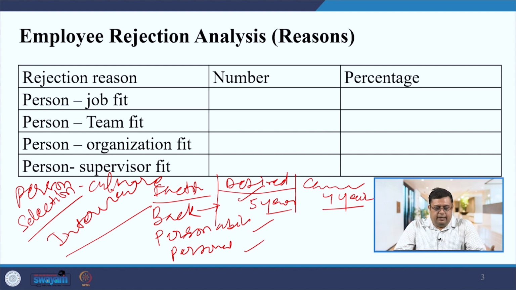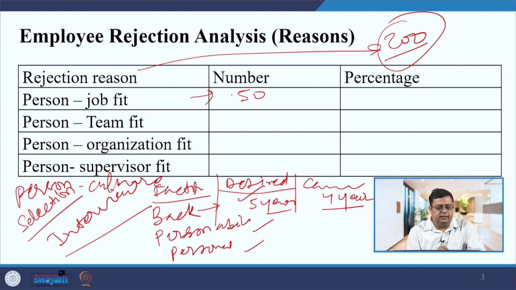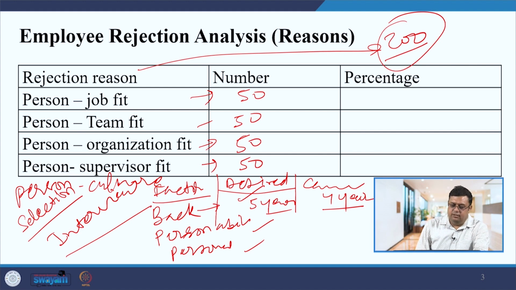For example, we have rejected 200 candidates in our organization who gave an interview. What is the reason for them? 50 people are rejected because of person job fit, 50 because of person team fit, 50 just because of person organization fit, and 50 just because of lack of person supervisor fit, right.